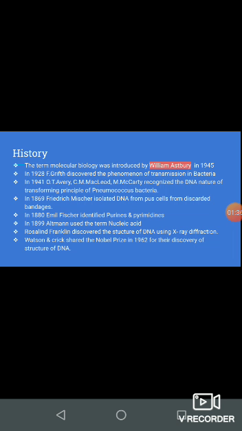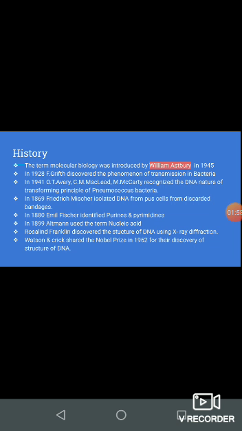According to the transformation experiment conducted by Griffith in the year 1928, he selected two different strains of bacterial cells which belong to Diplococcus pneumoniae.